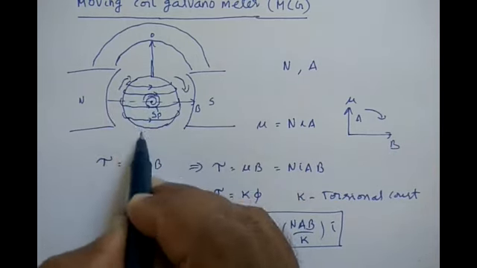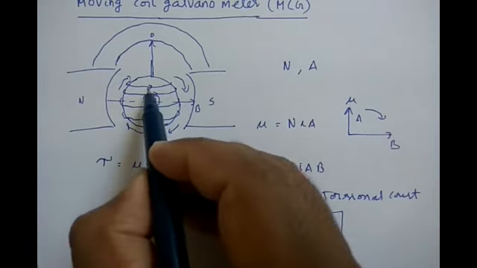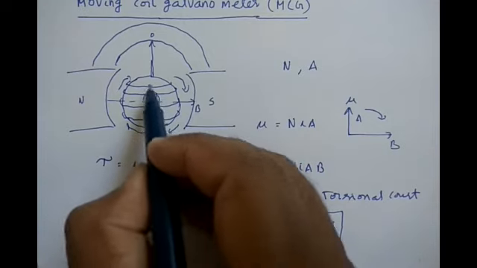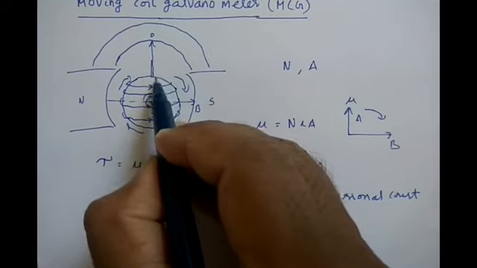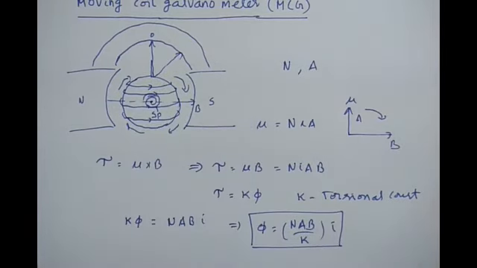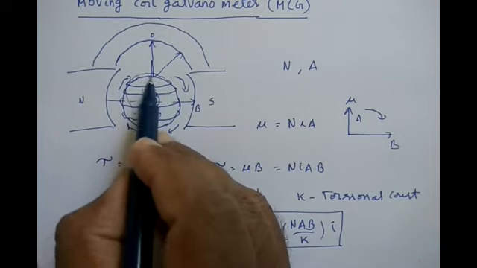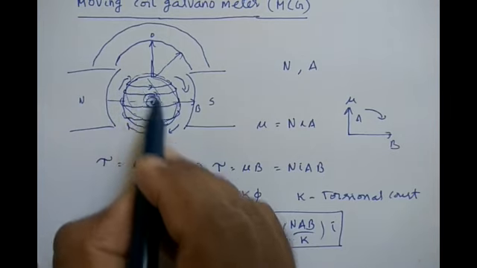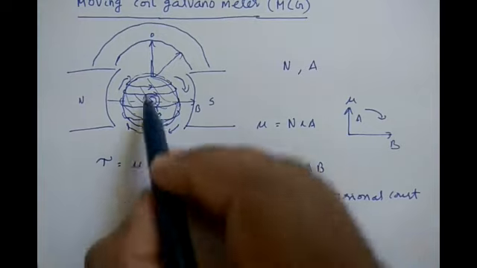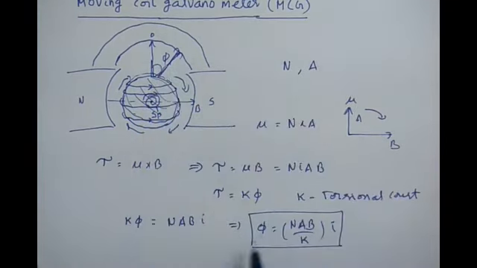Whenever the coil rotates, the whole thing rotates, and your needle will show a deflection in this direction. The total coil gets rotated, so you get a new coil position like this, and you get the deflection here. That φ is this one.